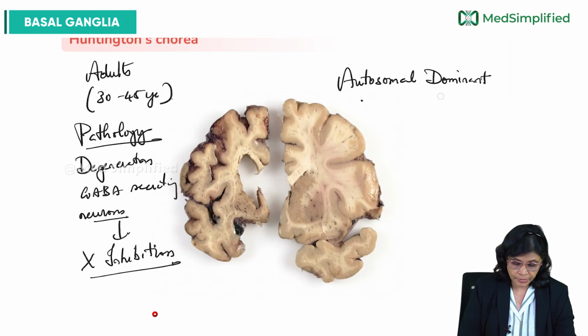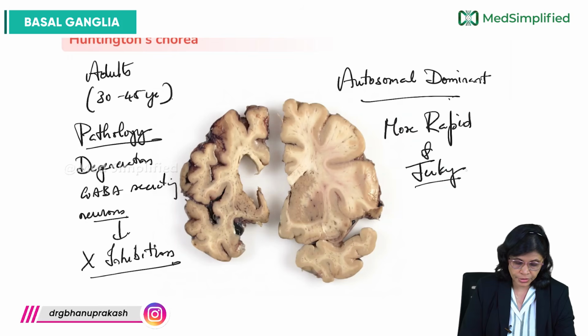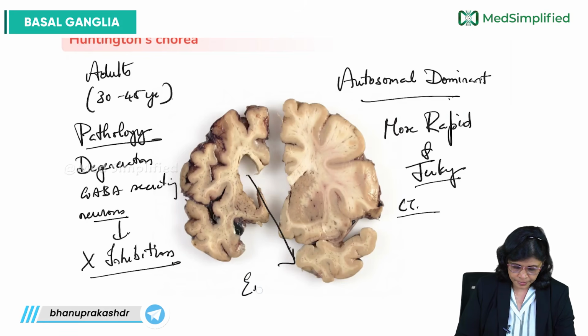So here the movements will be more rapid and jerky. And the CT scan will show some change. You can see here there is enlargement of the lateral ventricle.